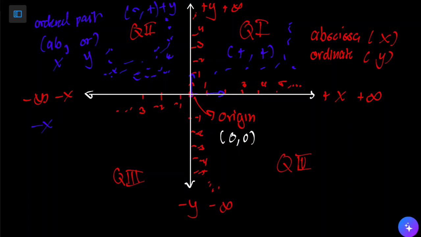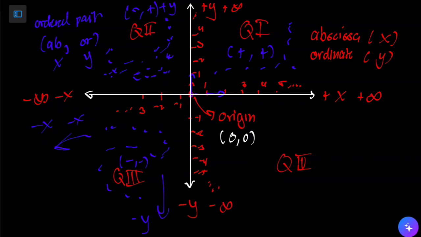And for the third quadrant, your points will be located here, going towards the negative x direction and downwards in the negative y direction, meaning your abscissa and ordinate for the third quadrant will be negative and negative.